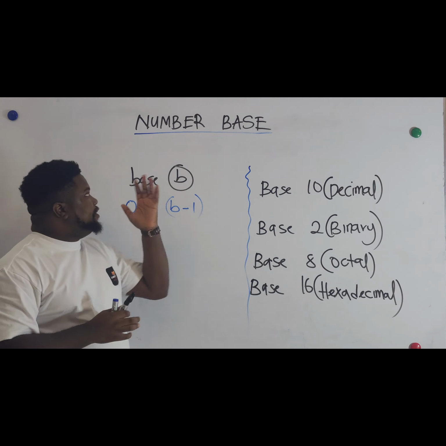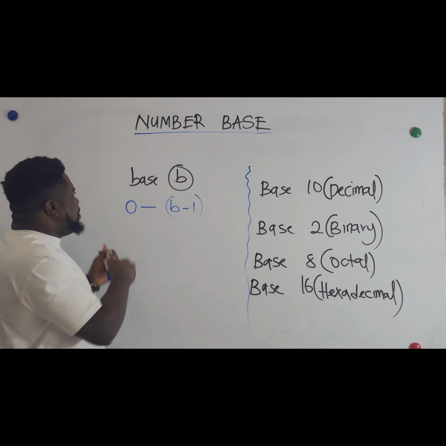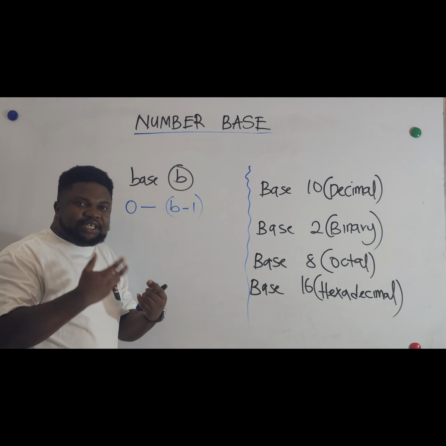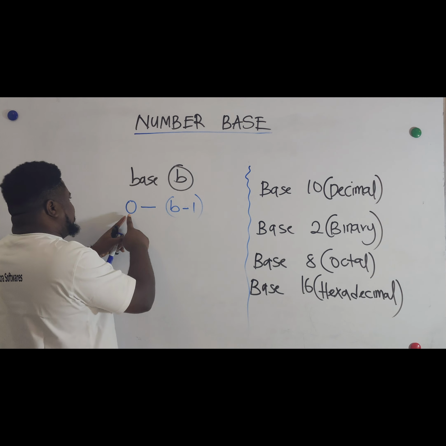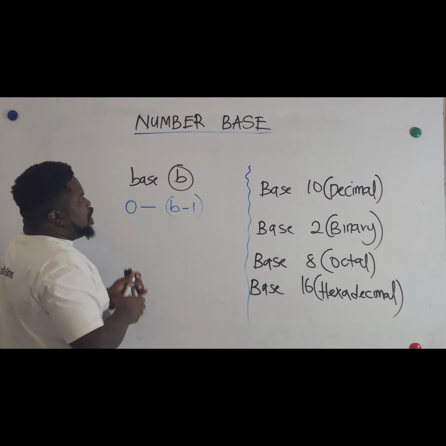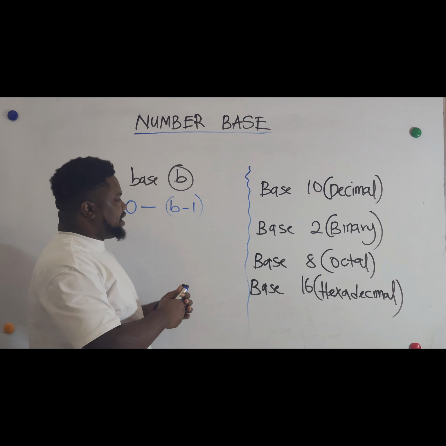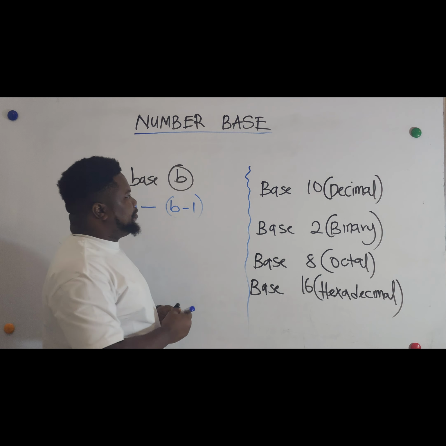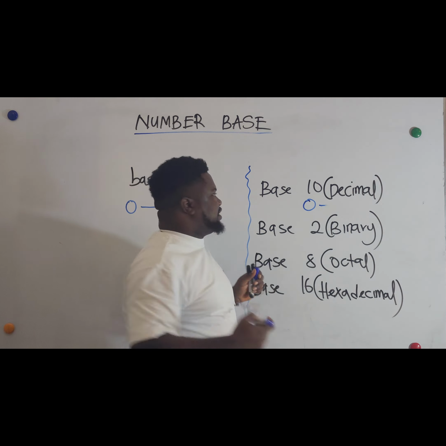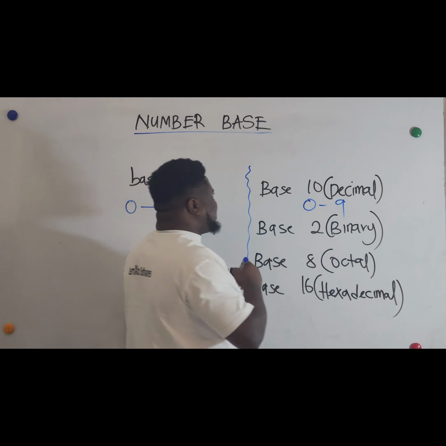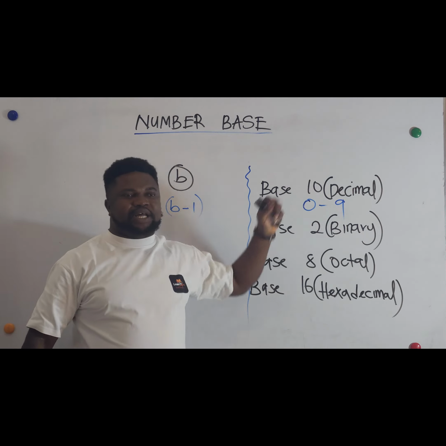Just like in base 10, the numbers involved are from 0 to 10 minus 1, that's 9. So numbers involved in base 10 are from 0 to 9.